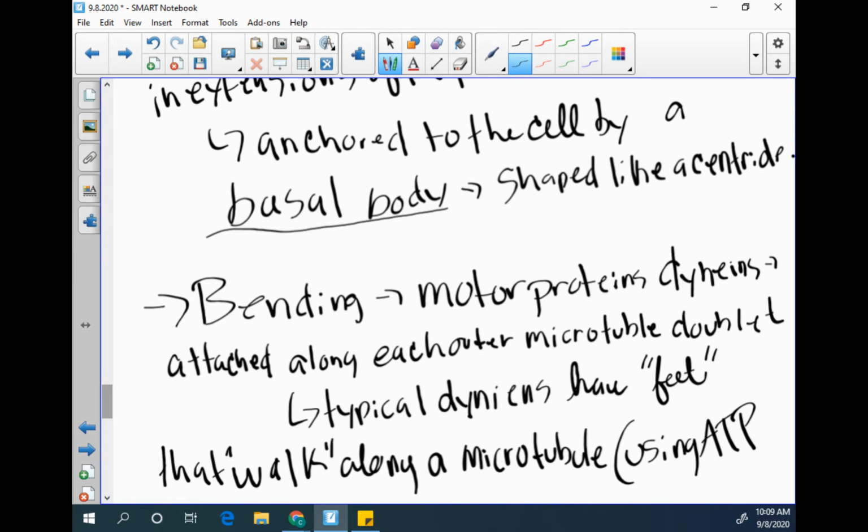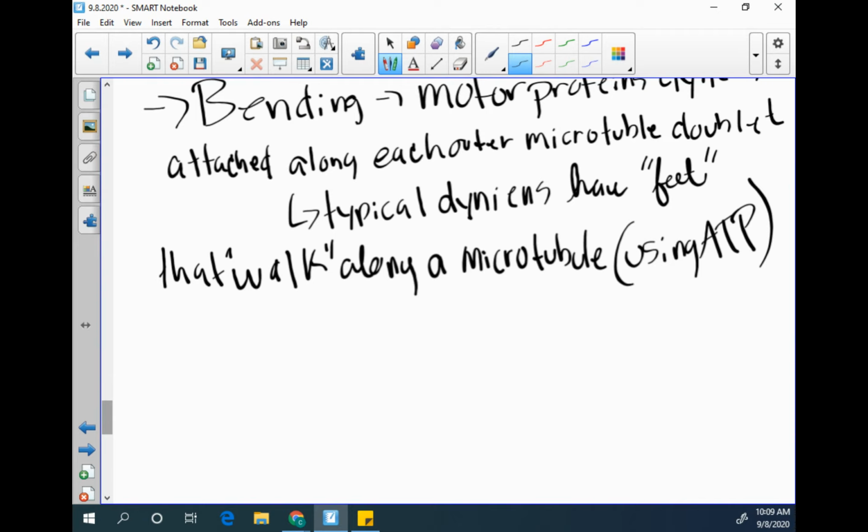It's not just doing it on its own. Using ATP, and this causes the microtubules to bend.